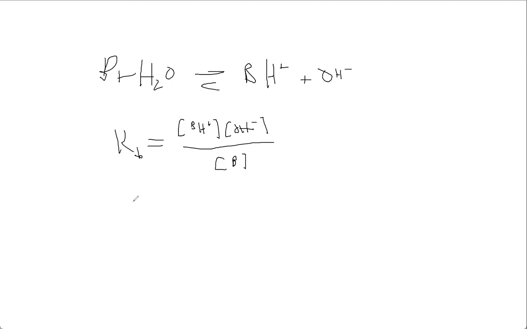If you solve for OH minus, just like before when we solved for the H3O plus concentration, what you get is Kb times the ratio of B over BH.